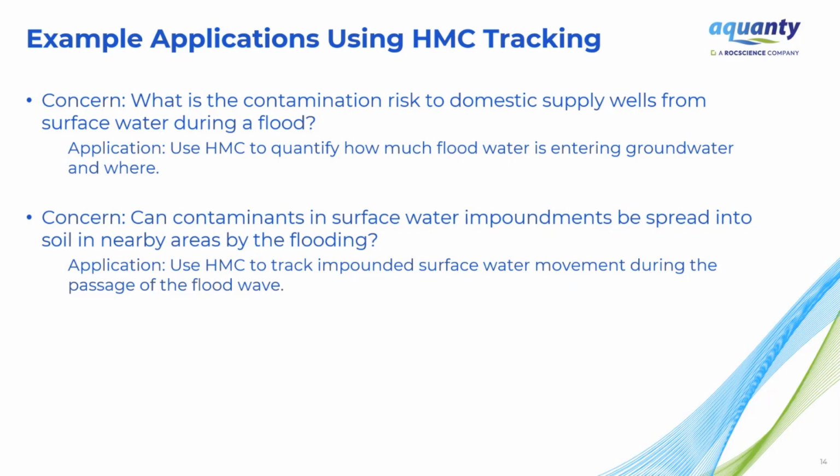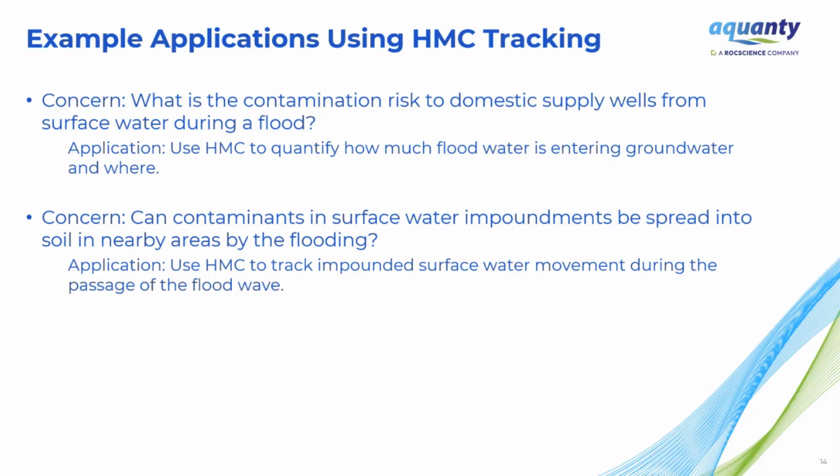So you could have concerns in terms of quality of water supply immediately after the flood event. So what we're going to do there is take a look at HMC and how you can quantify how much surface water is entering groundwater during the flood and where that's happening.